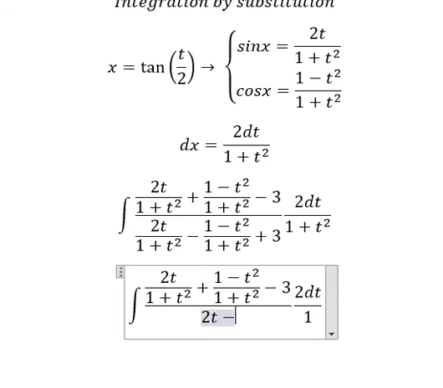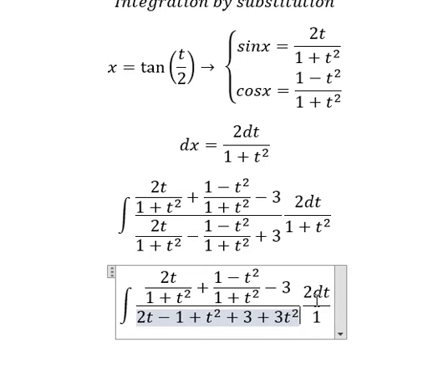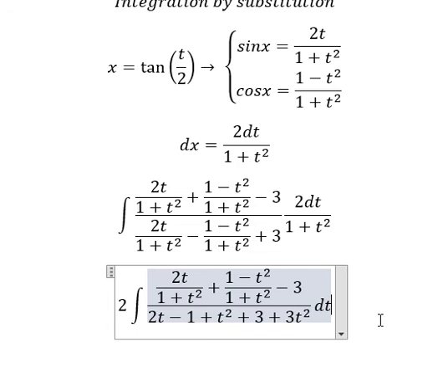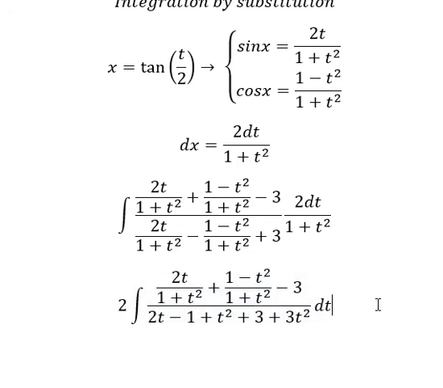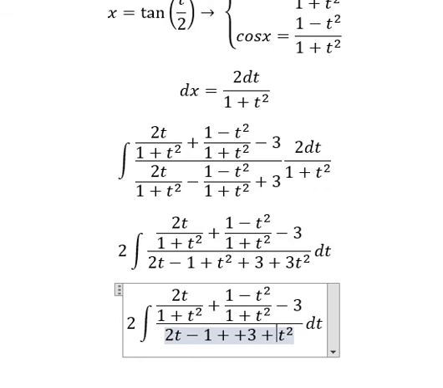2t minus 1 plus t squared plus t plus 3t squared. And number 2 I will put outside. So t squared and number 3 will go to 4. Negative number 1 plus 3 you get 2.